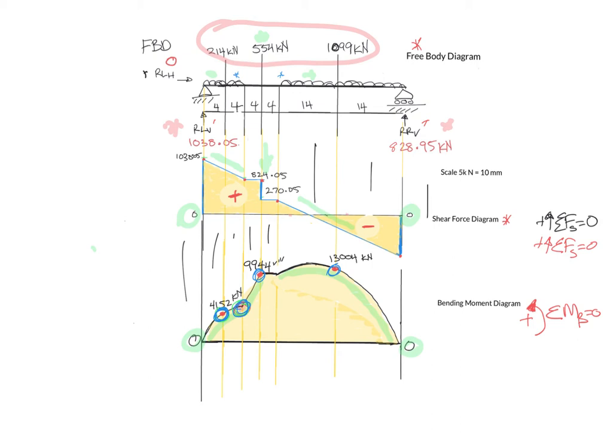The other thing to look for with these is the way that they're drawn. This first part is an arc, and that arc is representative of the uniform distributed load that we see in our free body diagram. The next is a straight line to a point load, and in this case our point load is the 554 kilonewtons.